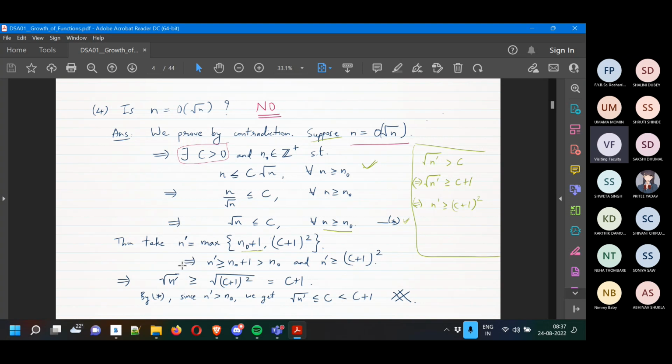Anything larger than that, the square root of this number is going to be greater than or equal to c plus 1. You can just work it out, that is easy. Therefore, this claim is not true. This is a contradiction, and so n cannot be big O square root n. Is that clear?